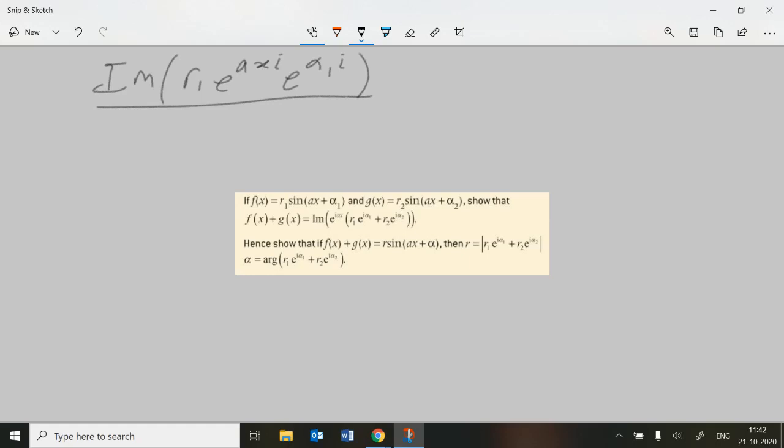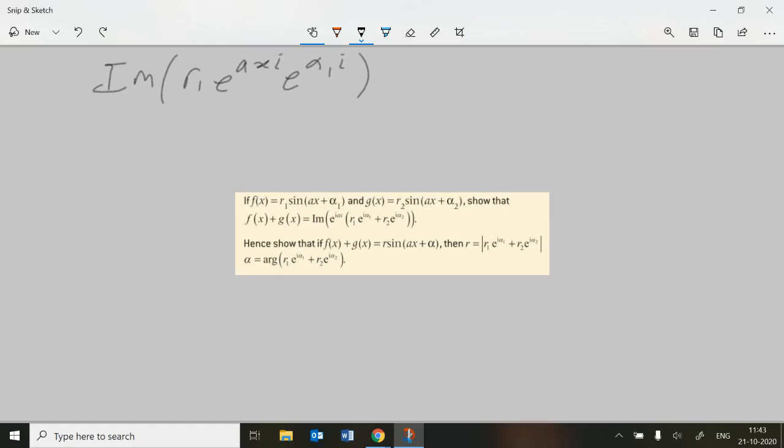And I'm going to show that this is the same as this. Okay, so it's going to give us this thing here. So this is going to be an alternative way of finding out f of x. That's another way of defining f of x. And if we can define it like this, then we can start working in terms of complex numbers. Okay, so let's just show that that is true.